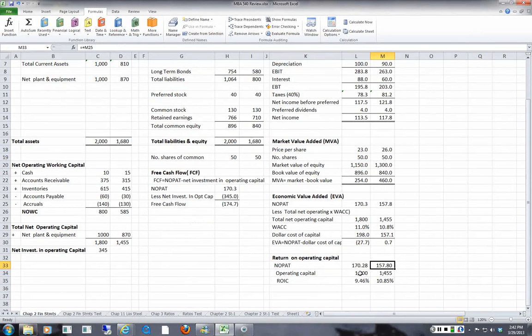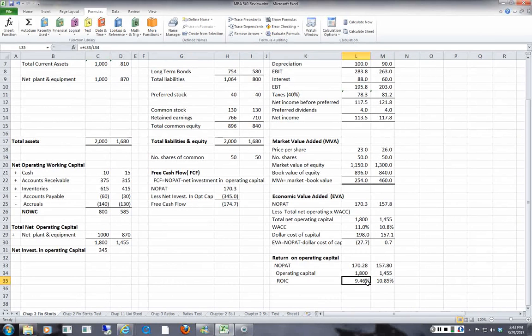And from that, that's going to be divided by this 1,800 or 1,800,000, and we come up with an ROIC, a return on operating capital, because the operating capital is that $1,800, and so our ROIC is 9.46 for 2010 and 10.85 for 2009.